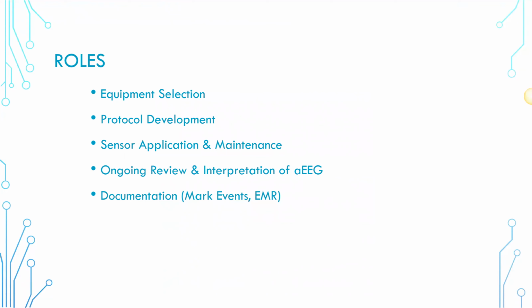So first thing is you need to think about the equipment that you want, develop protocols, so protocols for use and protocols for who's going to do what, dividing up the roles, which we'll talk a lot about. The sensor application and maintenance, that's a huge piece of bedside brain monitoring. So it's important that you decide who will do these things and what their responsibilities will be. A very important piece is the ongoing review and interpretation of the data, and then of course documentation.